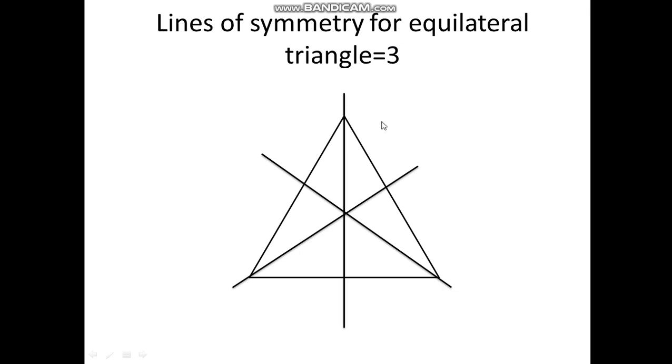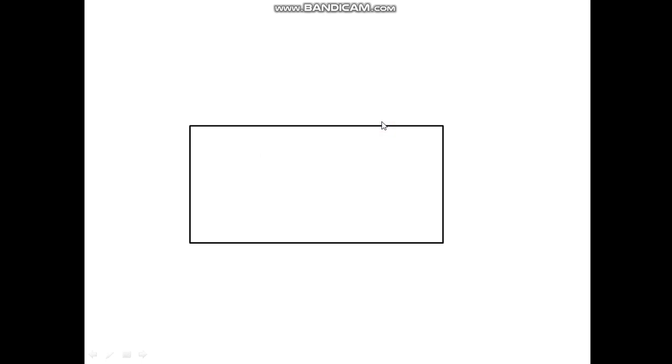Now let's go to another example. This is a rectangle. A rectangle is not a regular shape, but I am mentioning it here as well, just to share the number of lines of symmetry for a rectangle. Here we know opposite pairs of a rectangle are the same.